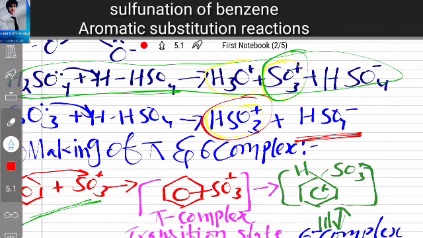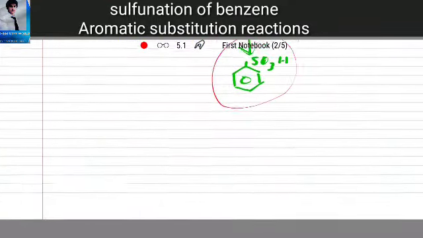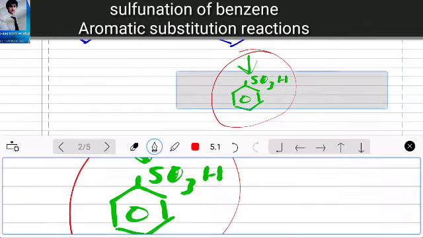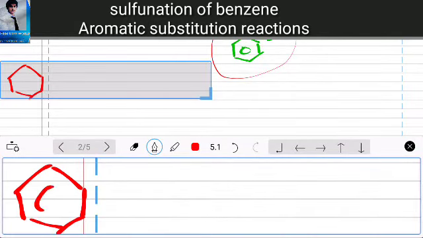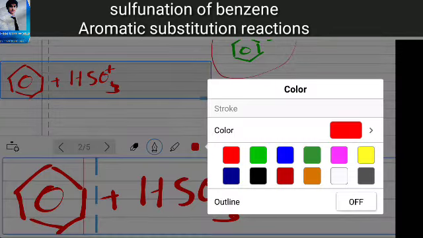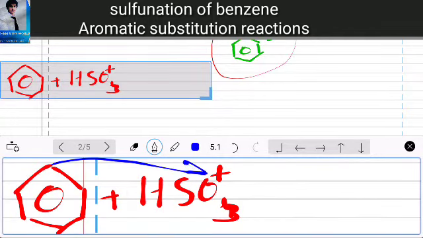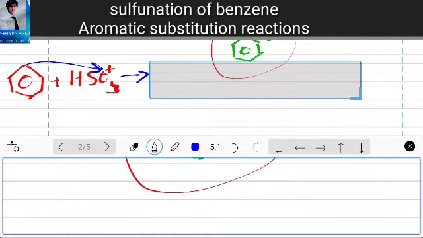So if a benzene ring is here, and HSO3 positive is here, then the benzene ring attacks on HSO3 positive and will become, now it is your assignment to make pi and sigma complex.